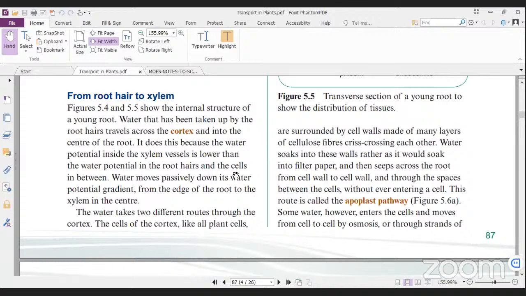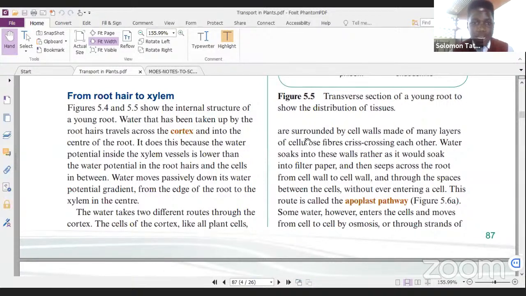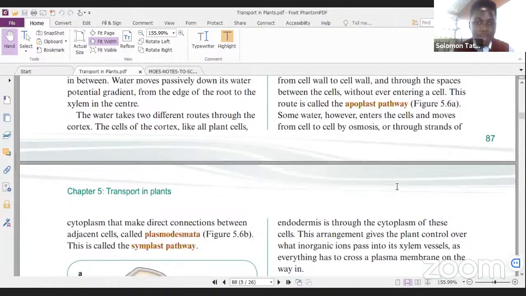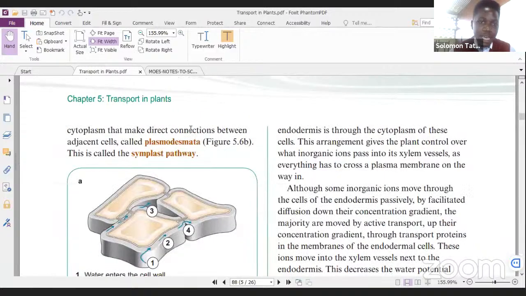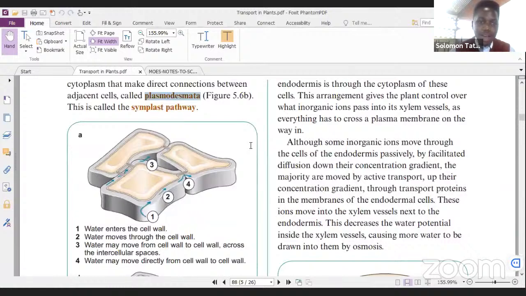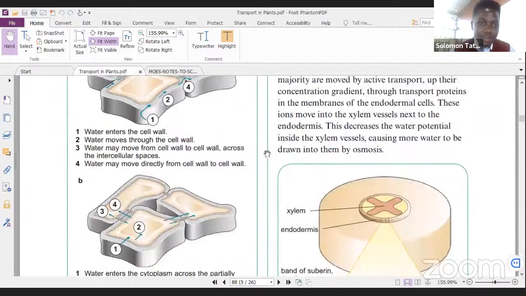So down here, we just have what exactly I've been explaining, like the apoplast pathway. You can see it here. Those we have explained. And then we have the symplast pathway through the plasmodesmata. I'll have a question about that later that you have to answer.